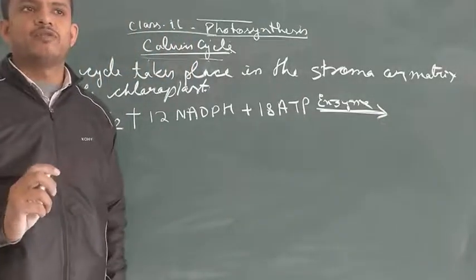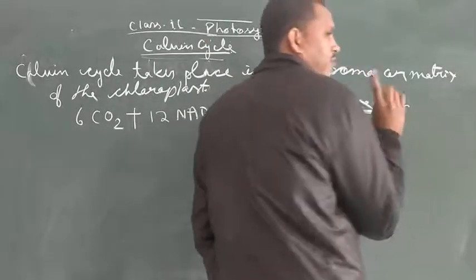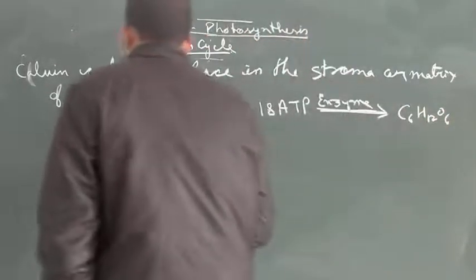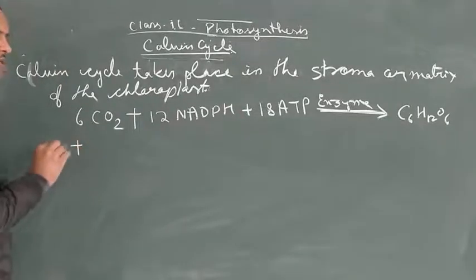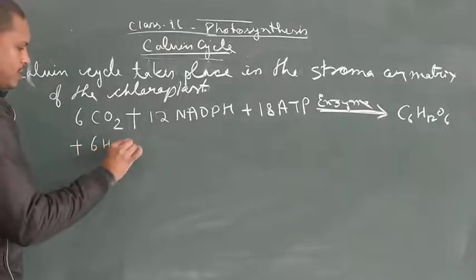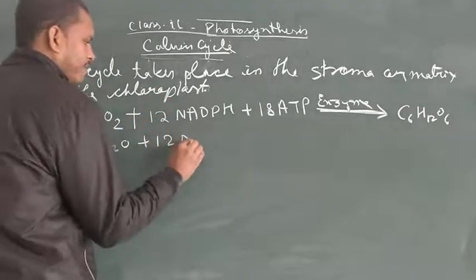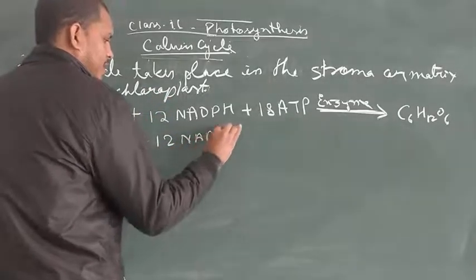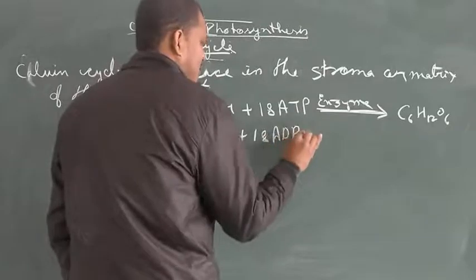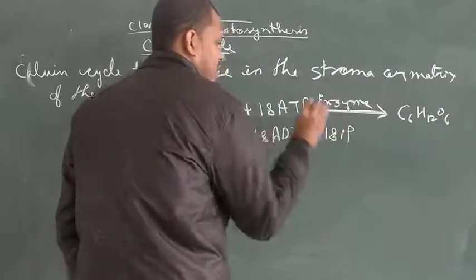Now what you get here? This cycle takes place for the formation of glucose, C6H12O6, plus you will get water molecules, 6 water molecules, and the energy molecules which I used, this is going to be 12 NADP plus and 18 ADP, because when they are broken down by the reaction, you will get 18 inorganic phosphate.